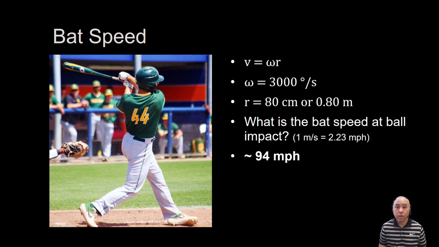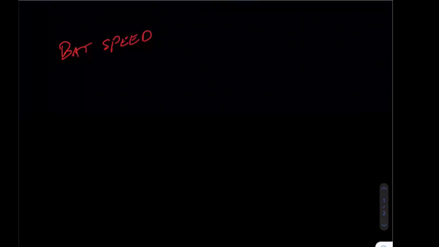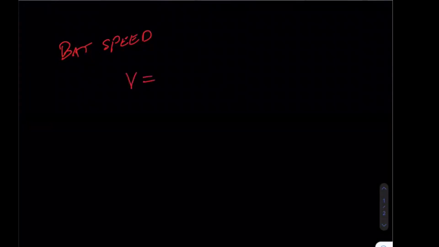So let me show you how to do the work here. Bat speed. We are going to use the relationship between linear velocity and angular velocity. Now keep in mind, this is tangential linear velocity.